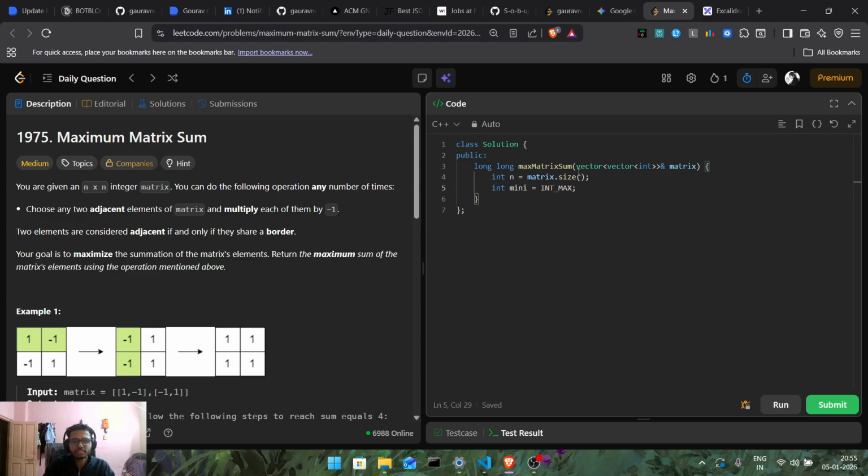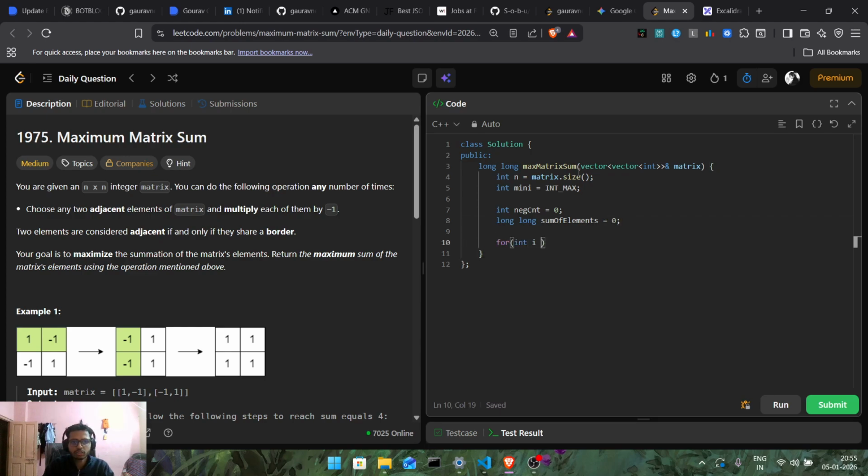Let's initialize it with int max so that it can get reduced quickly. We need to keep a count of the negatives, the negative count, initialized with 0. And we will need a variable sum of elements equal to 0.